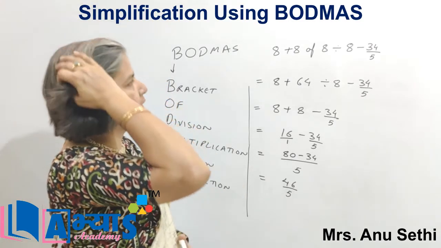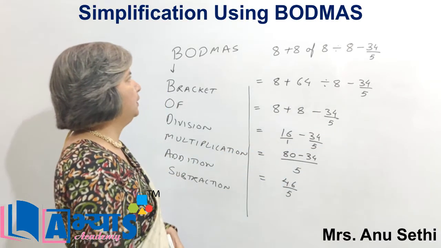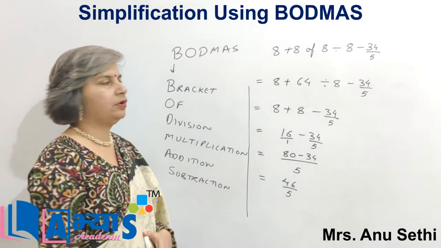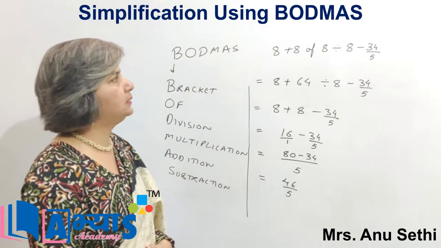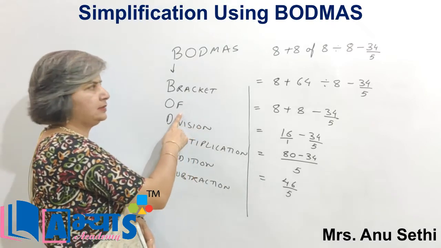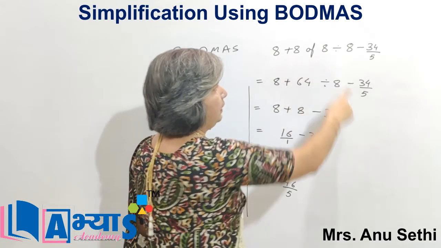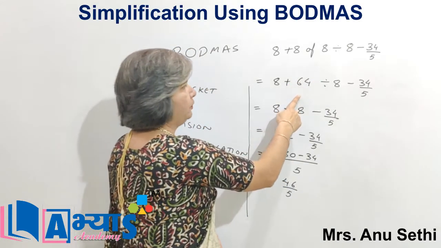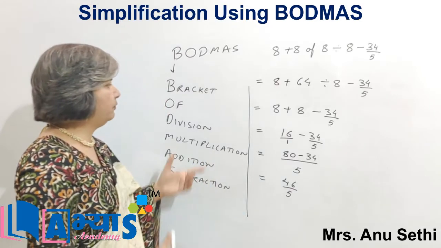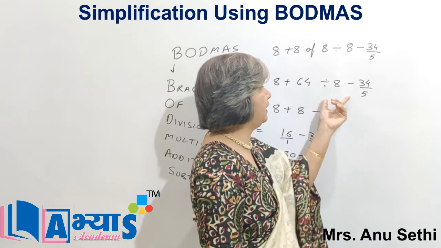Let us discuss it again. Suppose we are given an expression like this. We'll use the method of BODMAS. For this we will first search for brackets. As there are no brackets in this statement, we go to the next step, that is the of operator. We see that we have an of 8, so we multiply this: 8 of 8 means 64. In the next step we go for division, and we have 64 divided by 8.